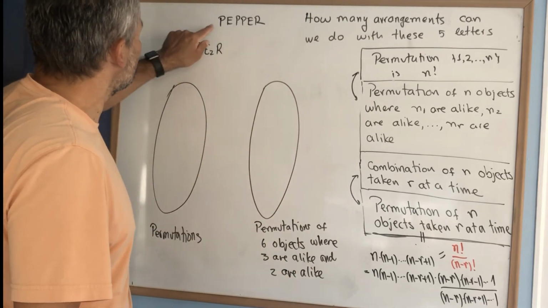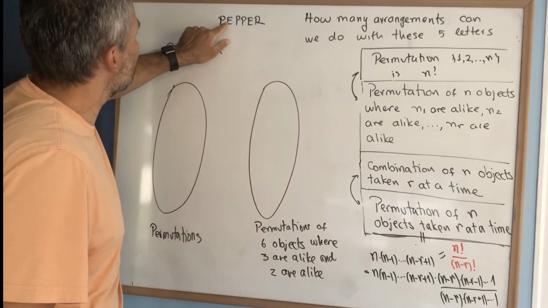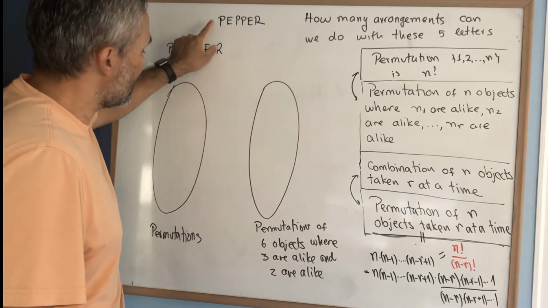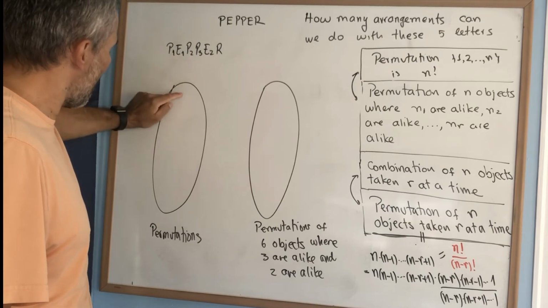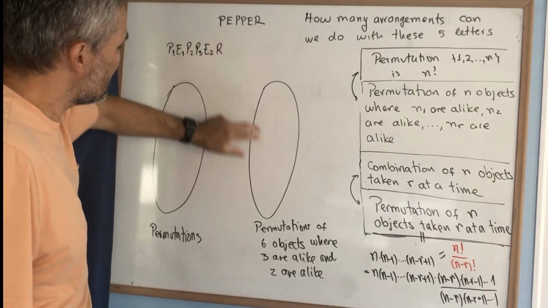In this case, there are three objects that are alike, the 3 P's, and 2 E's are alike. And we can see that there are a lot more permutations of this than this.